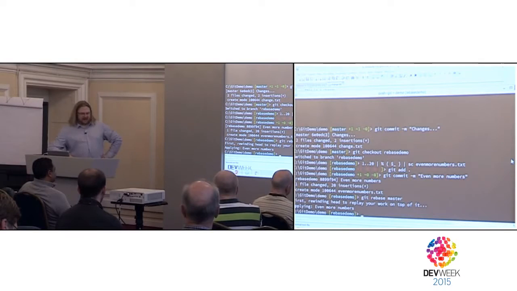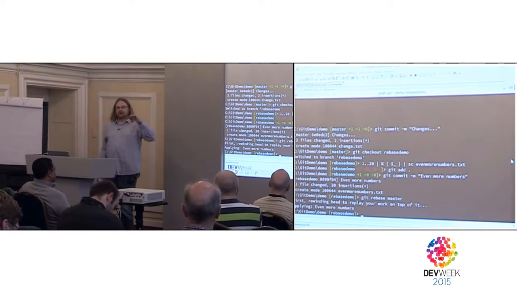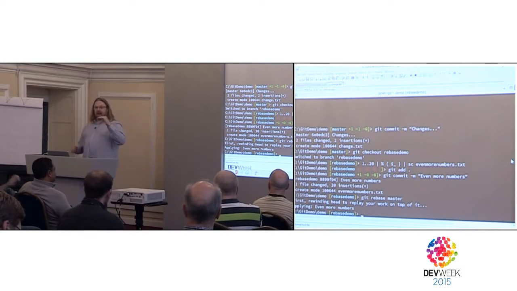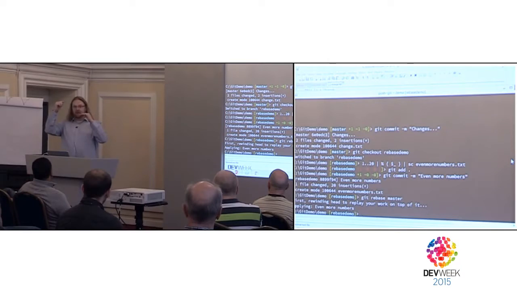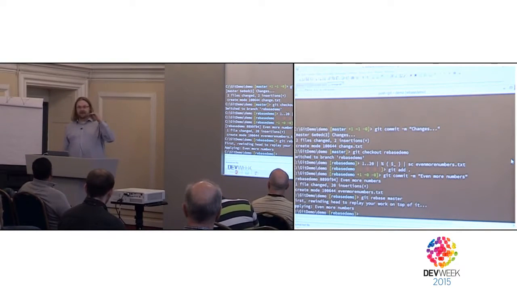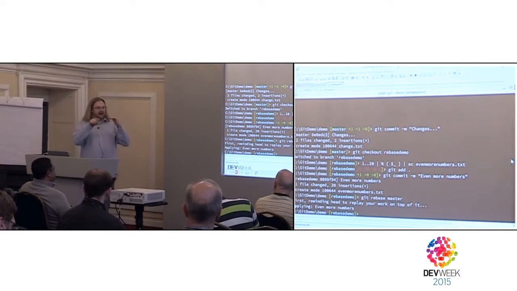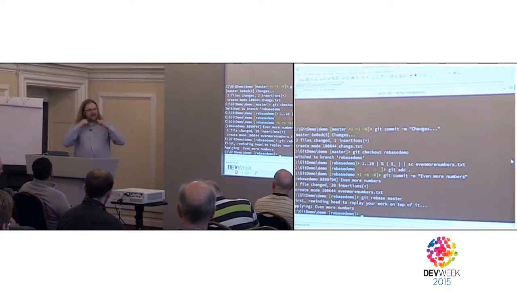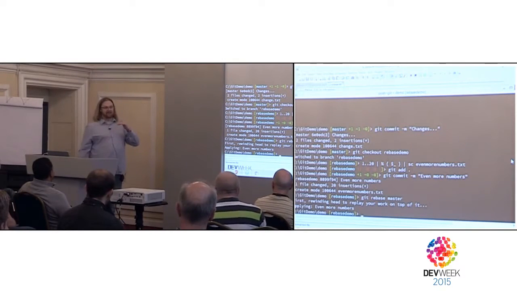It's working out where master is, and it's taking all the changes that you have on your branch, and it replays them one by one from where the head on master is. So it simply replays them as a sequence of diffs again. This is a sequence of deltas. And what you should then end up with is a straight line.